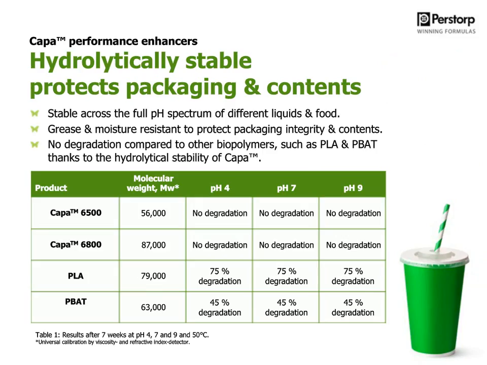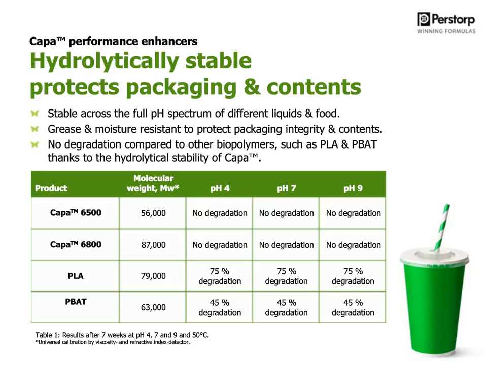Of course, we have looked into this, so we have done a lot of testing and created material where we show that what we're stating, we actually have facts behind it. And so when we say that it's a stable product, we have tested it in different pH environments to show you that it doesn't degrade.